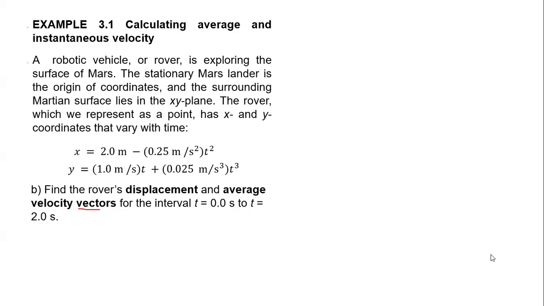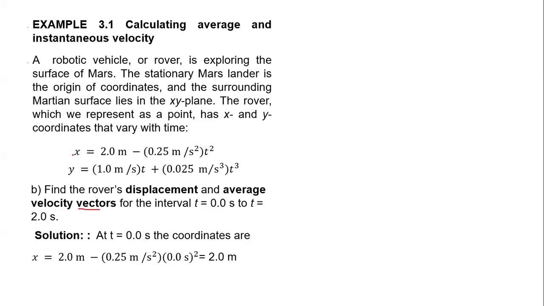To do this, we need to find the coordinates after 0 seconds and after 2 seconds. At t equal to 0, using these functions, let's replace t with 0. For x it is 2.0 meters and for y it is 0 meters.